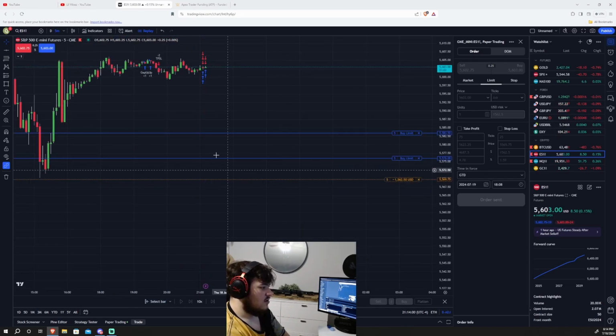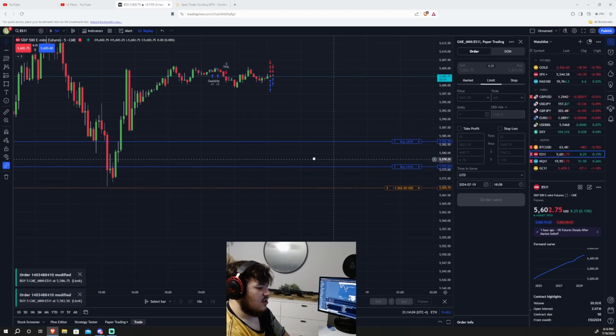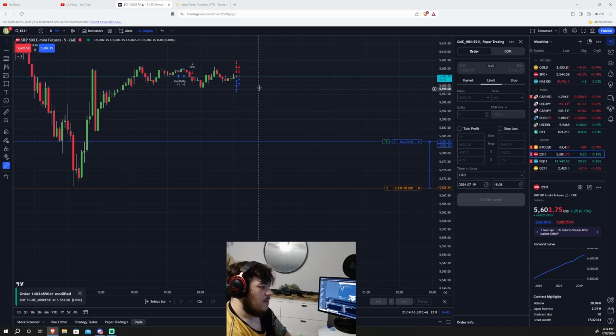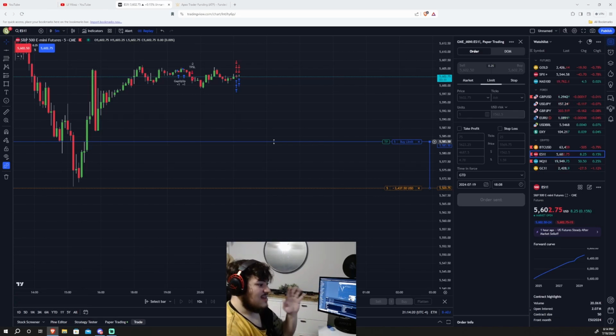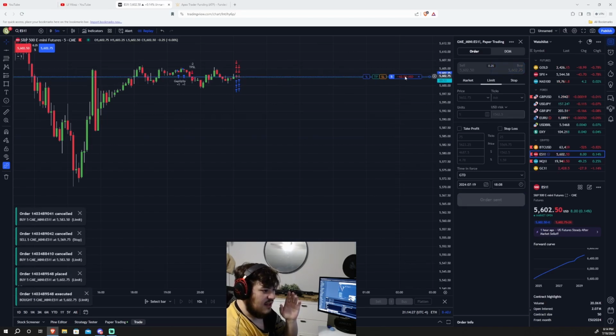Okay, so like I said, what is it going to do? I put my stop loss here and my buy limit here. Now I have my limits here and my stop loss right here. When price touches this price point, this line is going to turn into something like this, right?